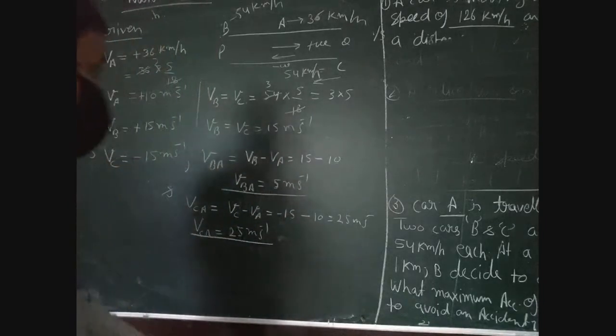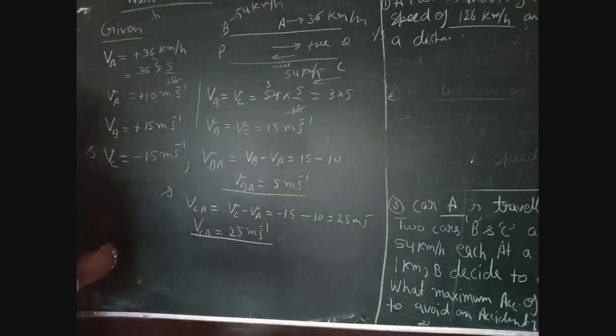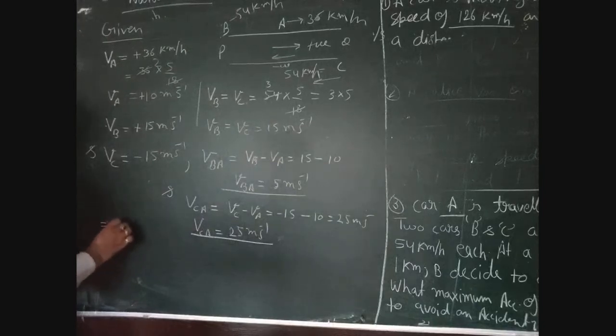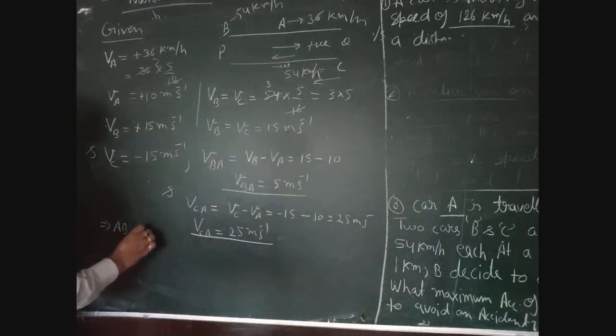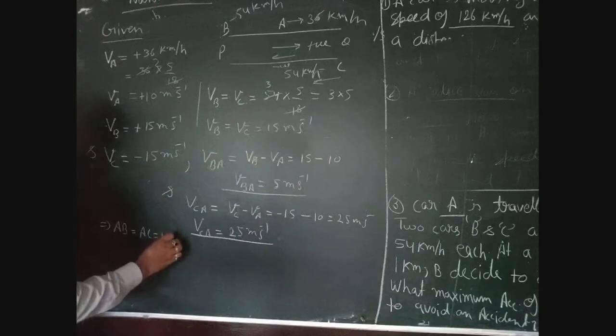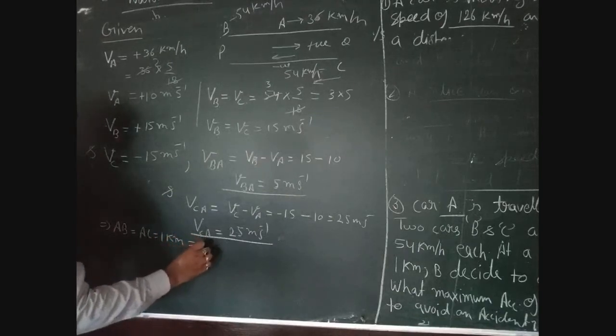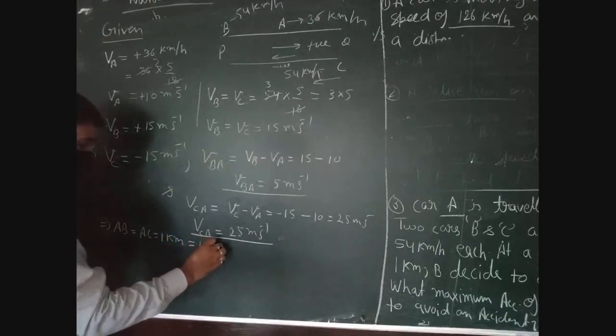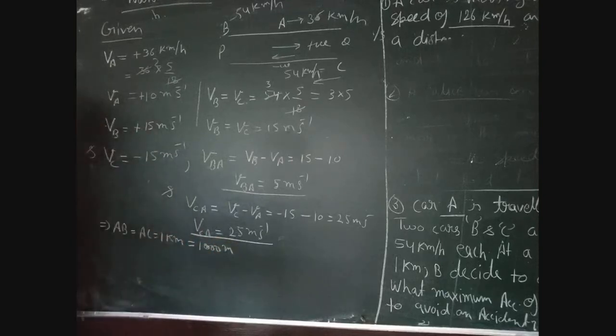Okay, now it is given to us that AB equal to AC is 1 kilometer, so it will be 1000 meter.